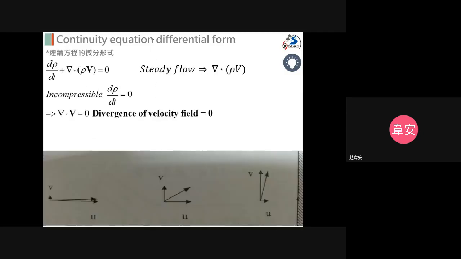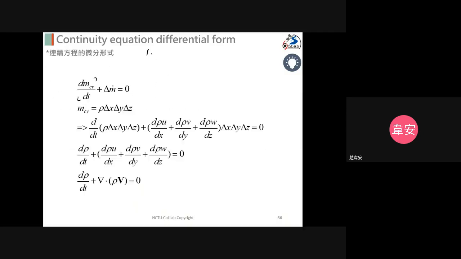And then we go back to the process. Another item is the mass in the control volume changing with time. As we know, the MCV in here, we have the density, and we know the cubic volume is delta x, delta y, delta z.